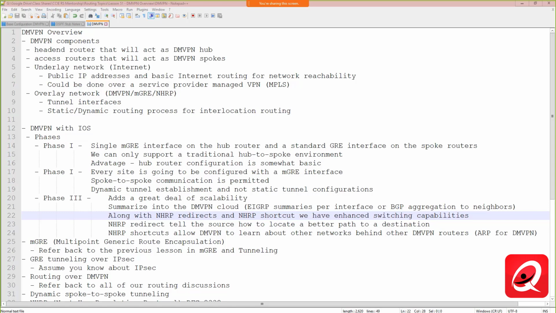Control plane scaling means that we only need to have associations or tunnels with the endpoints that we're talking to. That could be security associations if we are running IPsec between our spoke-to-spoke devices, but that spoke-to-spoke traffic again is only on demand.